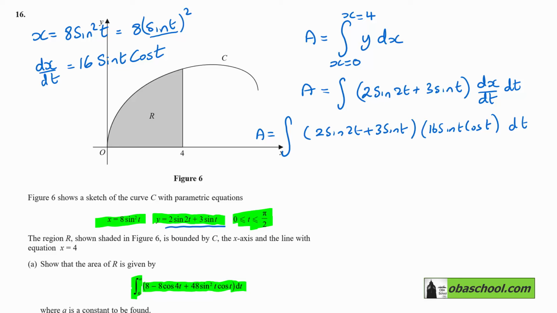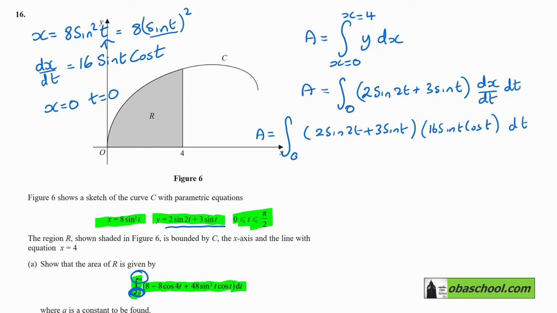And let's deal with those limits now as well. We know that x is equal to 8 sine squared t. The bottom limit is x is 0, and that would work if t was equal to 0, since sine t is equal to 0. So x is 0 means t is 0. And that matches with the 0 that we have on the bottom down here.